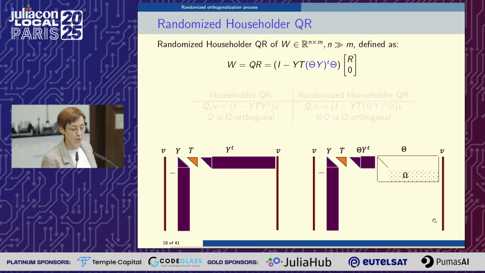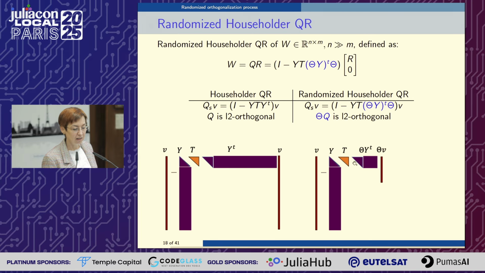And now if we look at the randomized versions, we take a special sketching matrix here, but then we apply it first to V, we obtain a sketch of V, and now we perform these operations in the smaller dimensions, while here you can see we are performing them in the higher dimension.